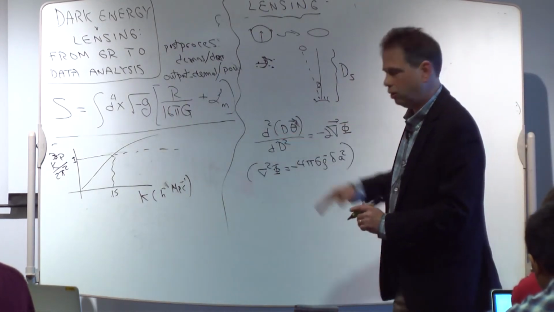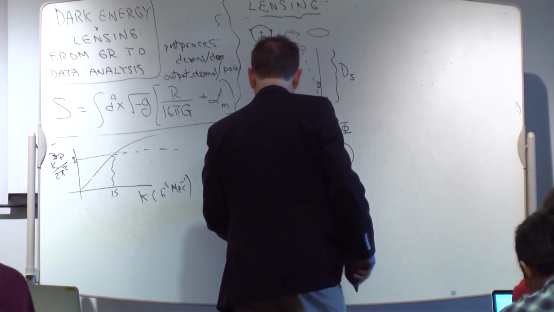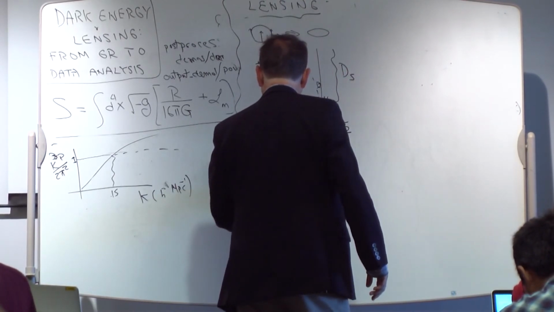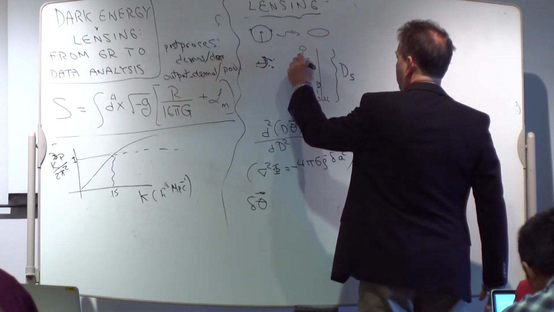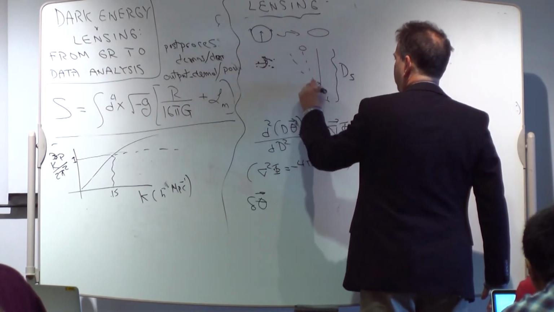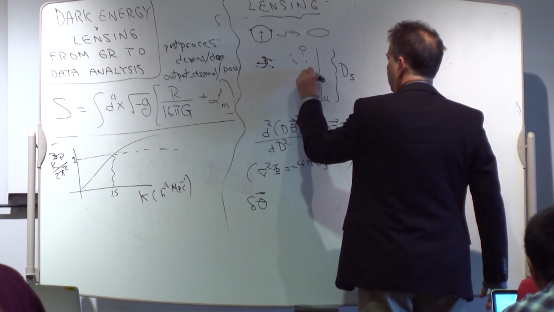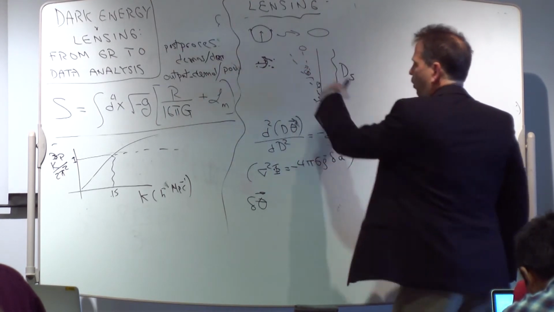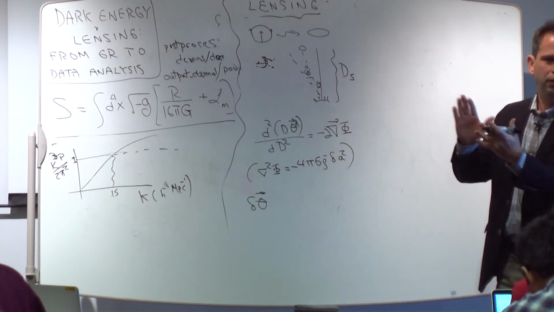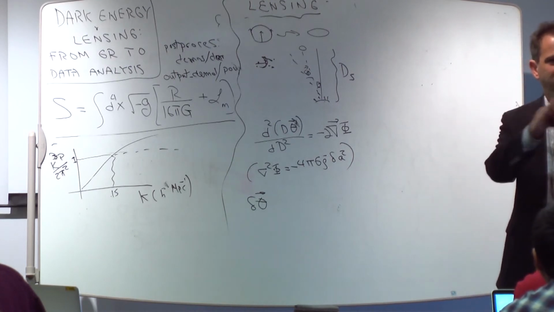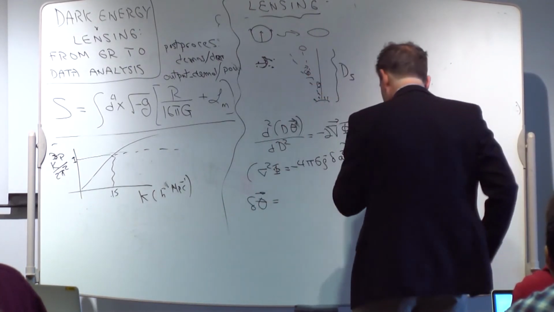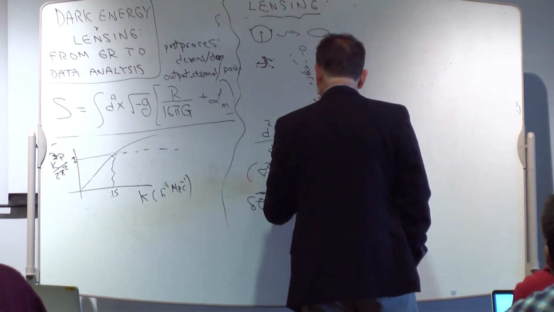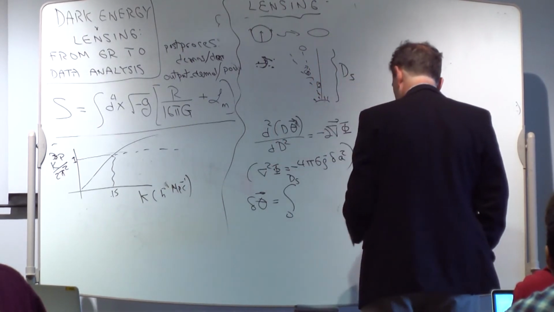The solution to this equation is straightforward. It turns out that the deflection angle, which is the amount by which the light is deflected, the mismatch between the true position and the observed position, is equal to, you integrate along the whole distance up to the line of sight.